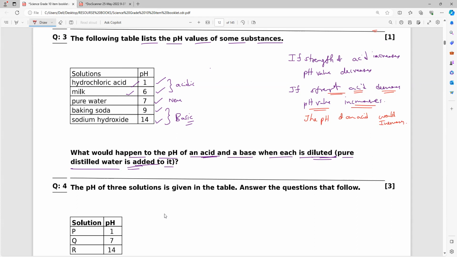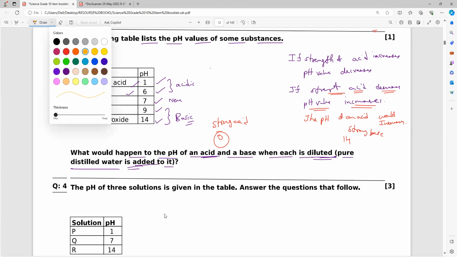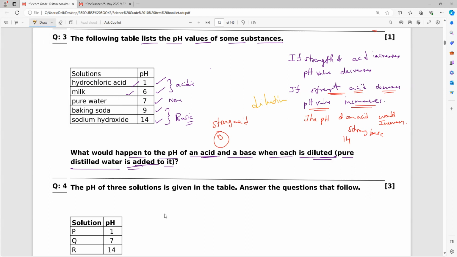Clear? Now, we all know 0 to 14, strong acid to strong base. So by diluting acids, pH value increases.